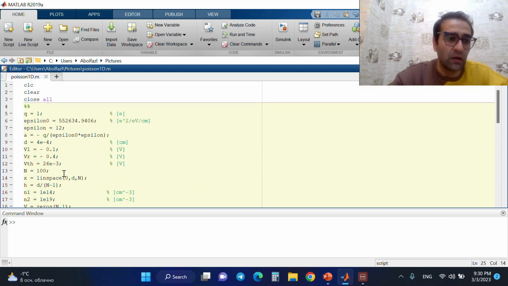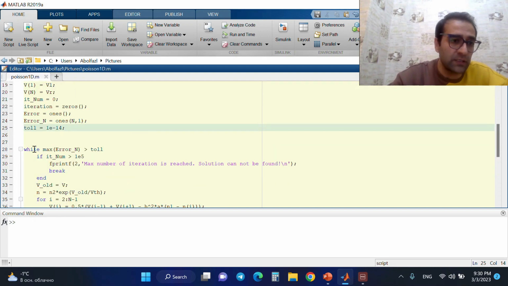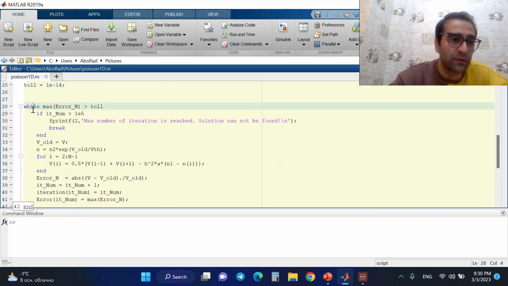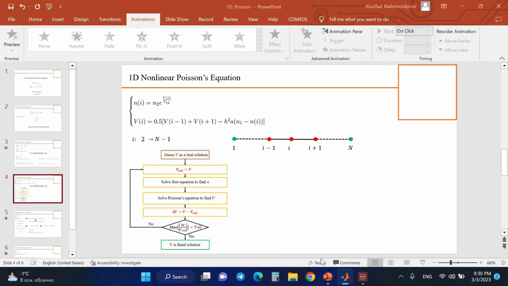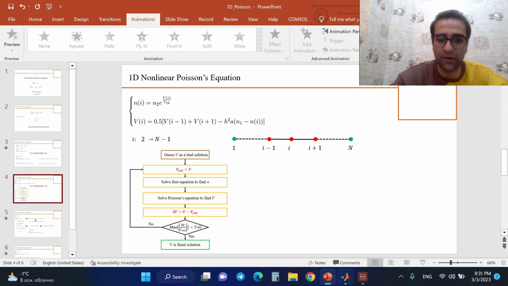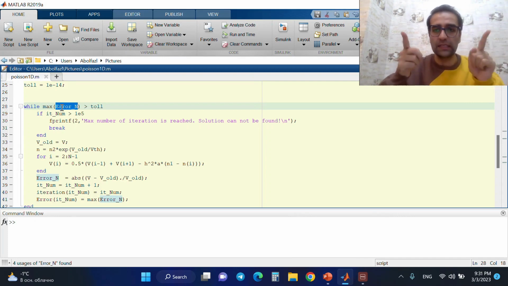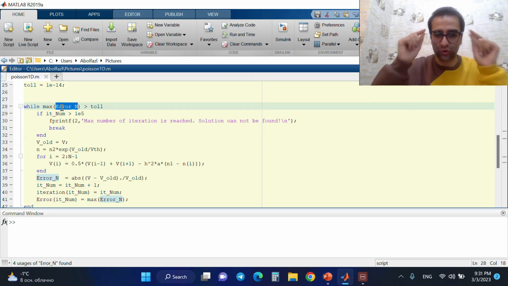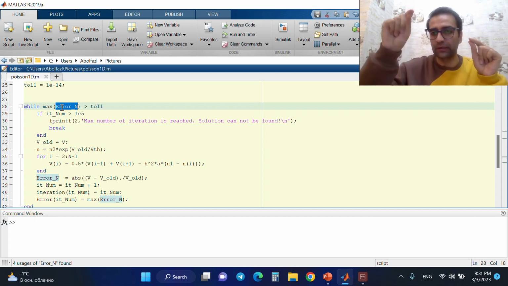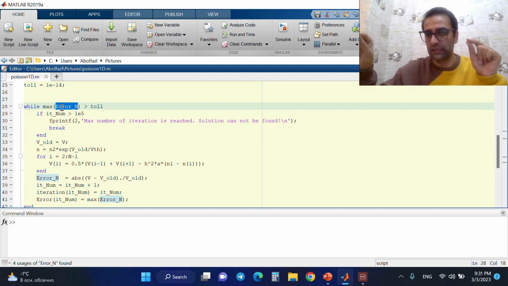Let's see. Okay, and here I define a while loop. This is the big loop that you saw here. This is indeed the while loop. And I say that, okay, when the maximum of error underline n, this error underline n shows the errors corresponding to each grid.